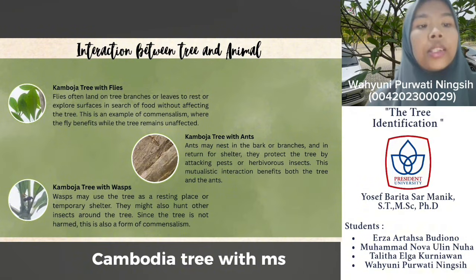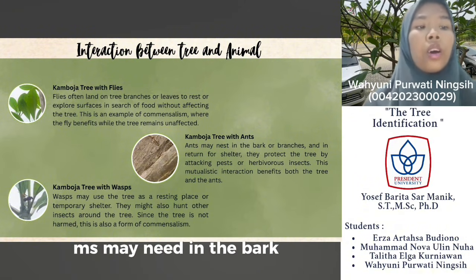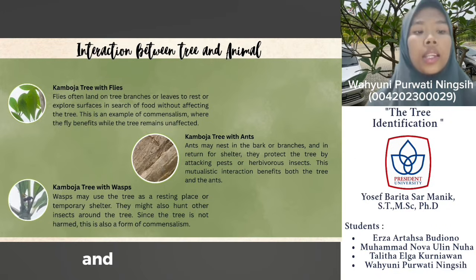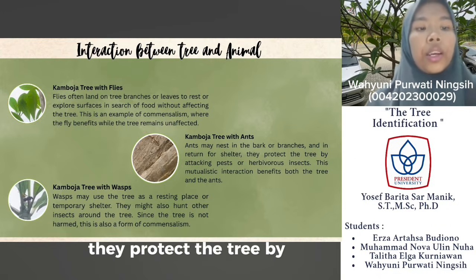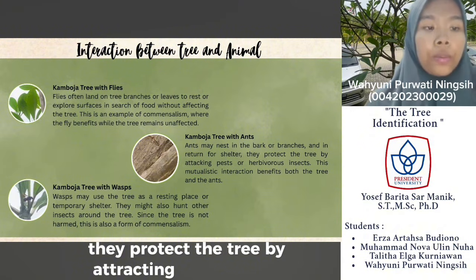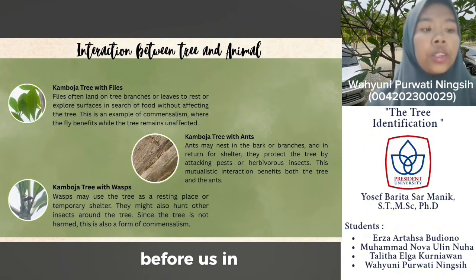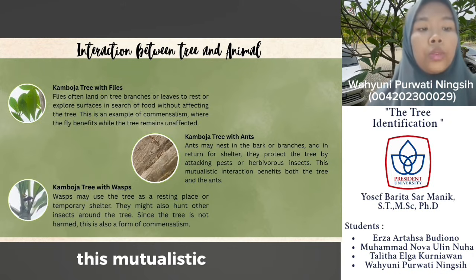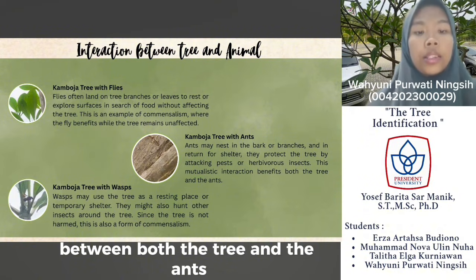Kamboja tree with ants. Ants may nest in the bark of branches in return for shelter. They protect the tree by attacking pests or herbivorous insects. This is a mutualistic interaction between the tree and the ants.